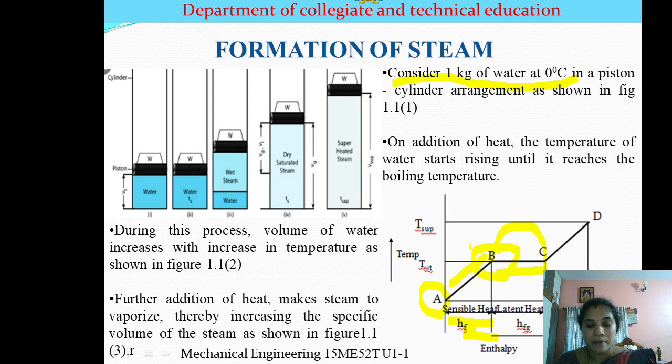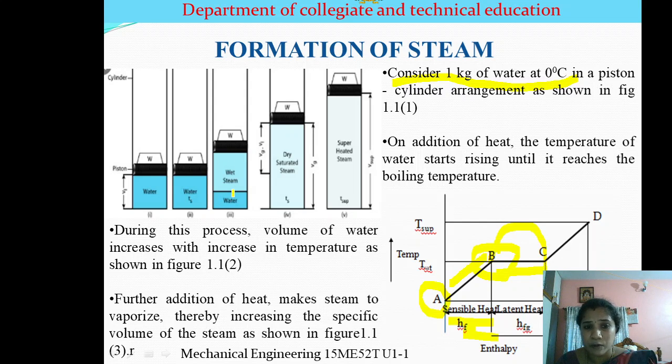So at point B, as I told you, we have a wet steam, which contains water particles. You can see we have distinguished between two phases: one is water and one is wet steam. As we know, water has a high density, hence it will settle at the bottom of the cylinder.